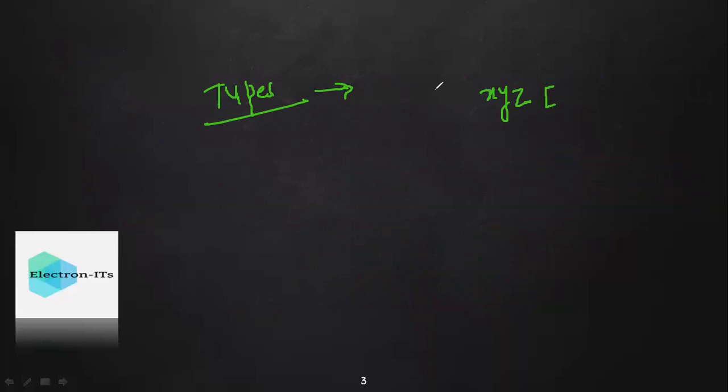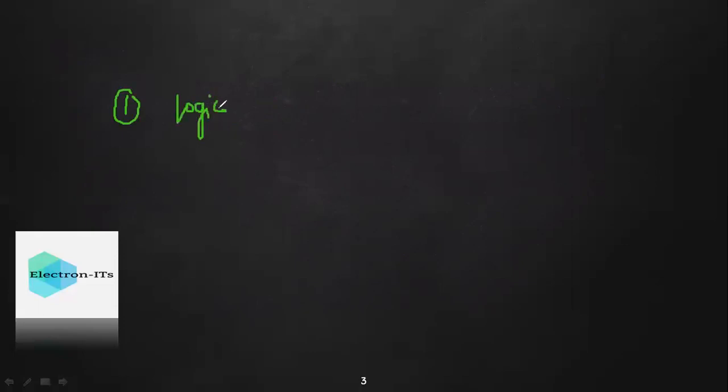The first example: logic, and the name of the array is p. Here it has 0 to 1, and the second dimension is 0 to 2.